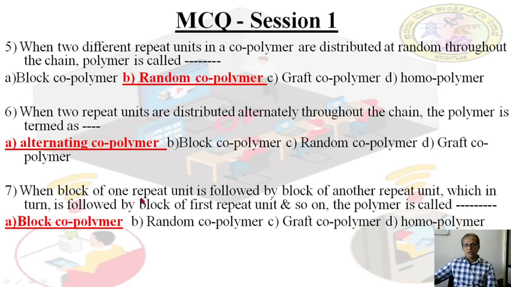Block means the same type will be in many numbers, and the second type of monomeric units will again be in different numbers in the same backbone of the chain. Hence it is called block copolymer.